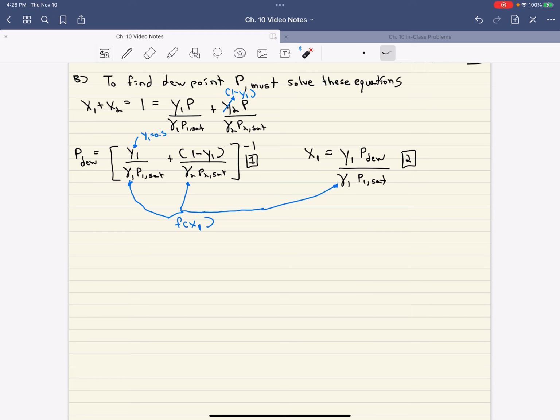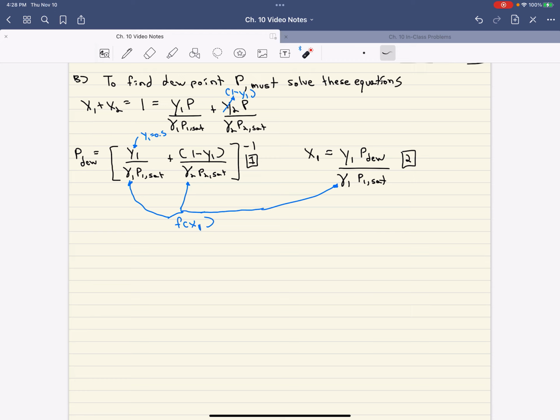And so now we have very nonlinear equations that we need to deal with. And so in this case, rather than solving for x1 and P dew explicitly, we now have to do some sort of nonlinear computation in order to calculate them.